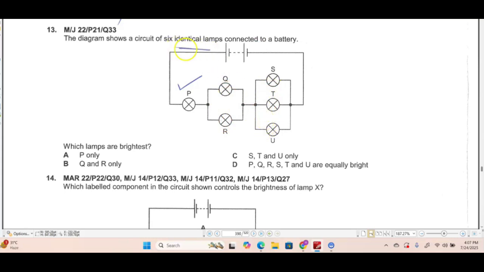Were they identical? Yes. If they were identical, their combined resistance is going to be less than the resistance they have. For example, if this is 2 ohms, its resistance, then the combined resistance is going to be less than 2 ohms. Every lamp will have a resistance less than 2 ohms.